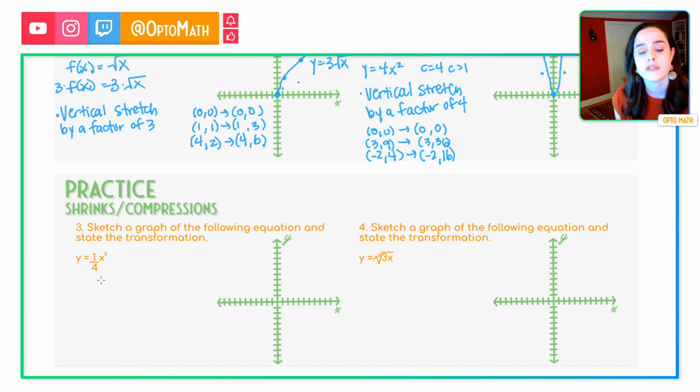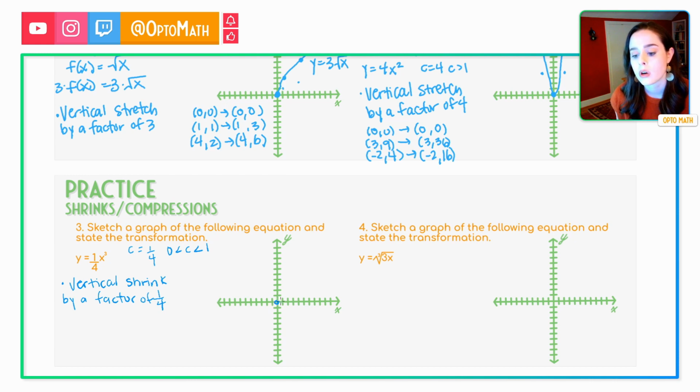So it's going to be vertical, and since c is 1/4 and c is between 0 and 1, that's going to be a shrink. So vertical shrink by a factor of 1/4.